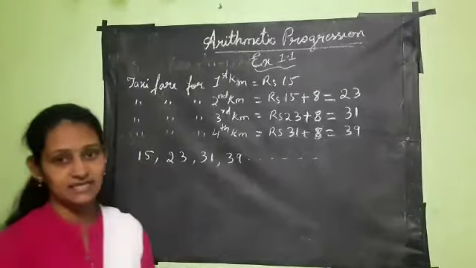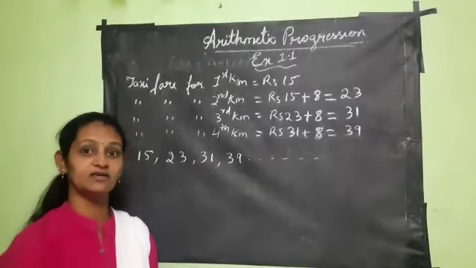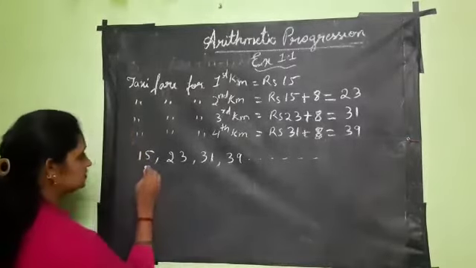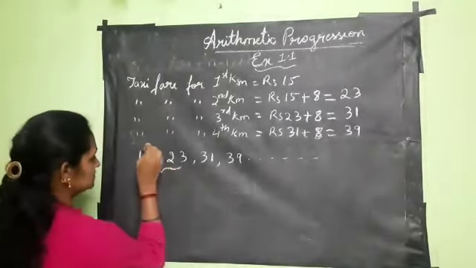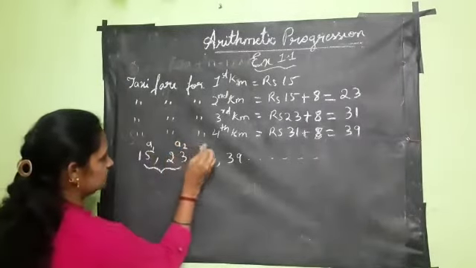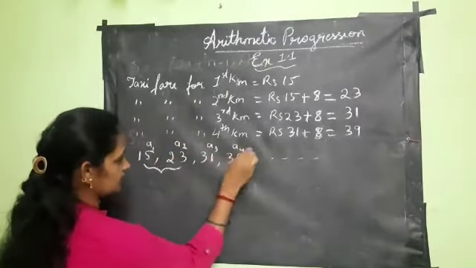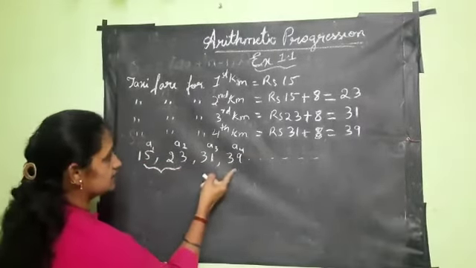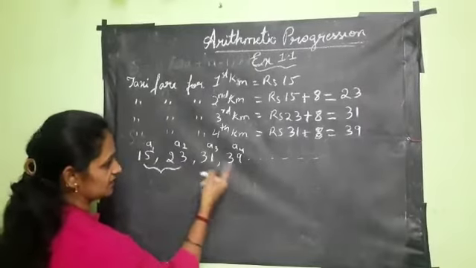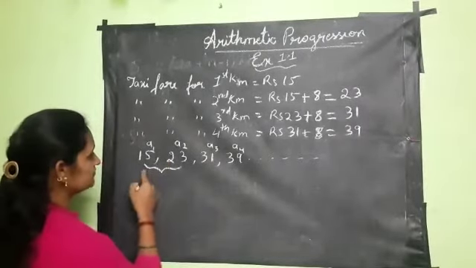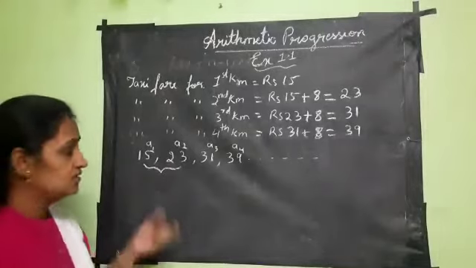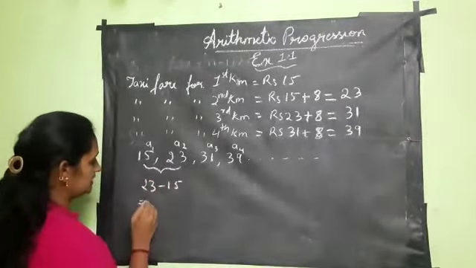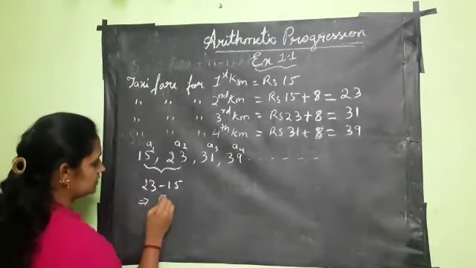To understand it is in arithmetic progression, you should know the first term, and the common difference between the terms should be same for each. So let us see what is the difference between, so if we consider A1, A2, A3, A4 and so on, the difference between A2 and A1 should be equal to difference between A3 and A2 as well as A4 and A3. So what is the difference between A1 and A2? A1 and A2 difference means 23 minus 15. So 23 minus 15 will be equal to 8.